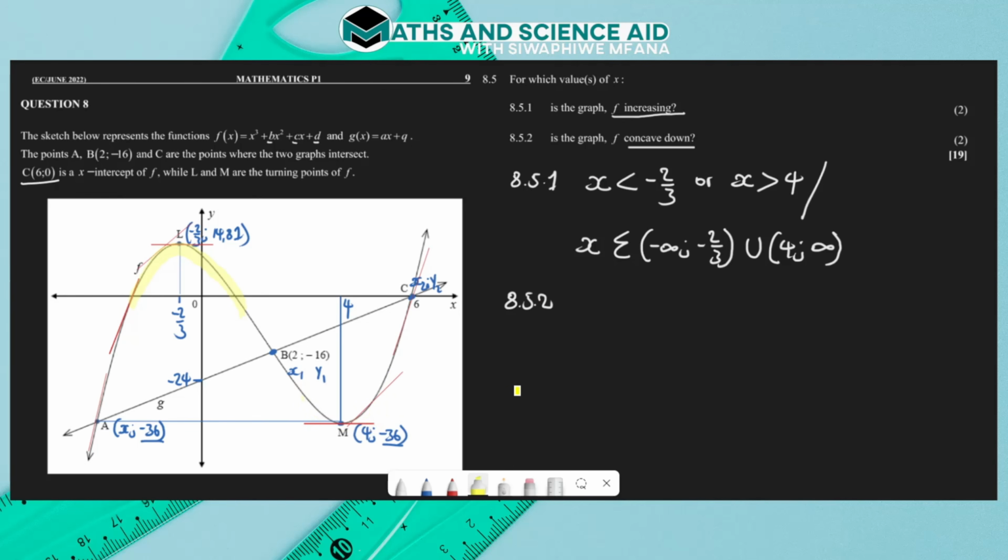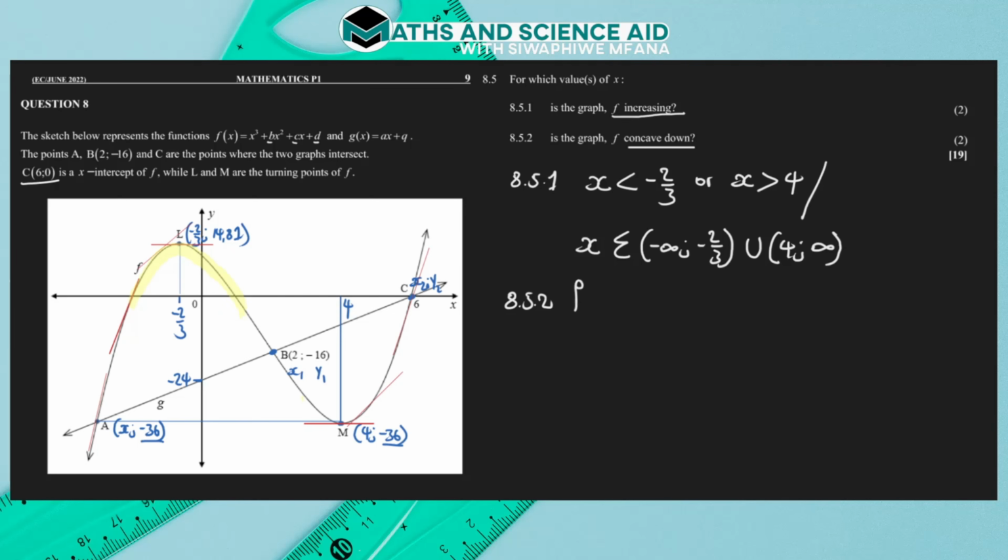in order for us to be able to accurately answer this question. And for that, you must remember that in order to determine the point of inflection, we need to get the second derivative of a function and then equate it to 0. Because at the point of inflection, it turns out that the second derivative for a function is 0.